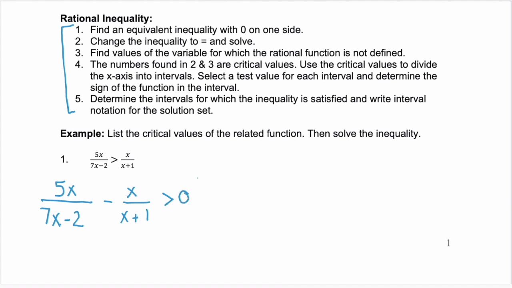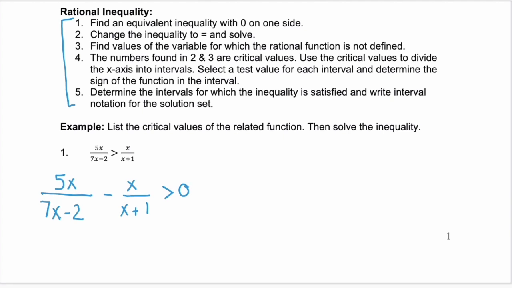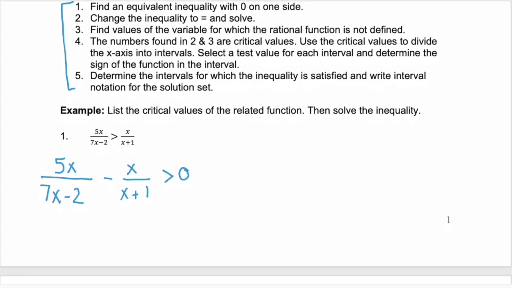Now our next step is to change the inequality to equal and solve. That would be 5x over 7x minus 2 minus x over x plus 1 equals 0.